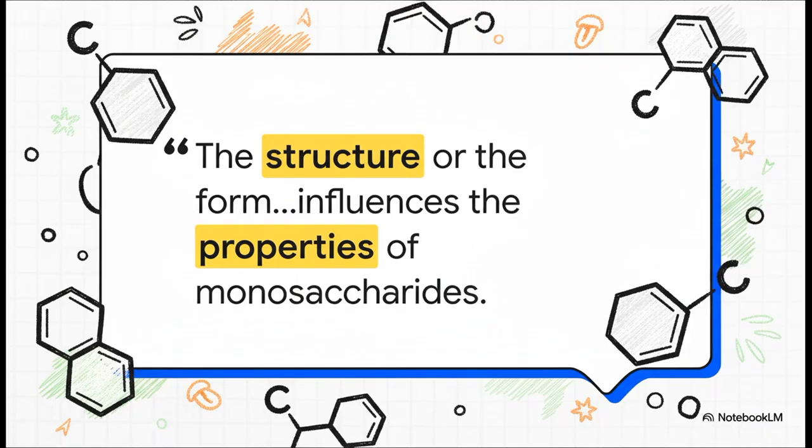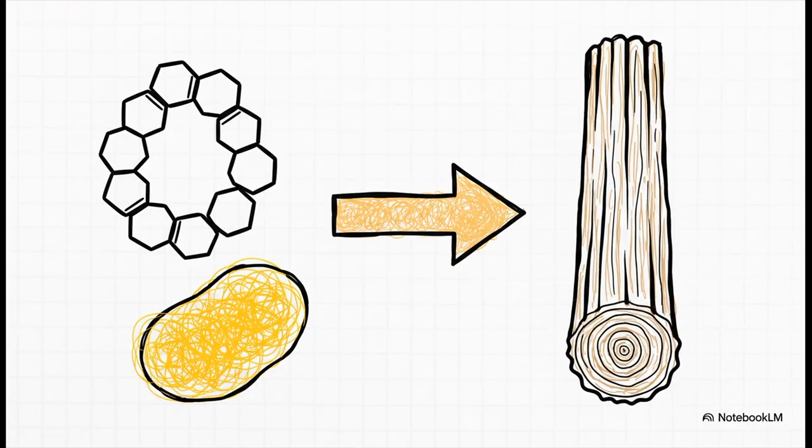The form isn't just a tiny detail, it is the defining feature. It all boils down to what is maybe the most important rule in all of biology: structure dictates function. The exact same molecule, glucose, linked together in the beta form, creates the tough, rigid structure of a tree trunk. But link those same glucose molecules in the alpha form, and you get the soft, energy-packed starch inside a potato. Same molecule, different shape, completely different job in the world.